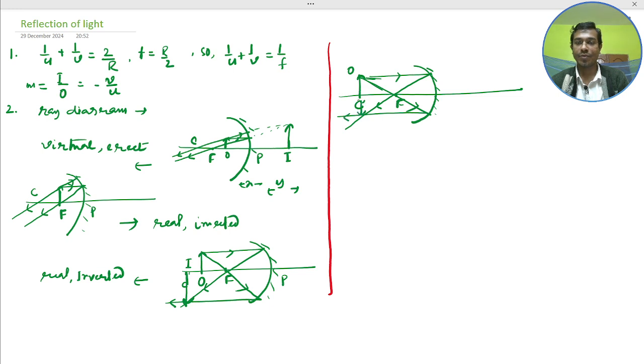So the image would be this one, this is P. Here the nature is real and inverted.